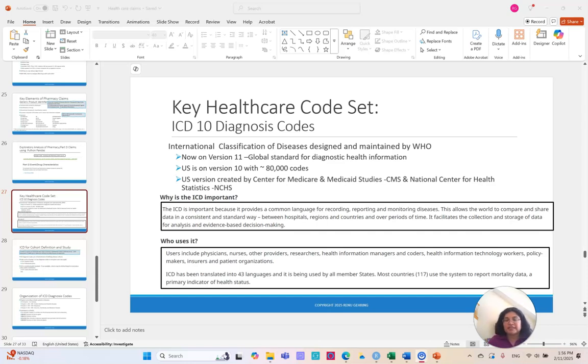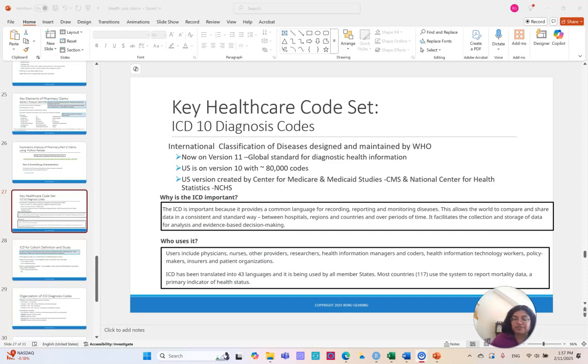So who uses the ICD? Anybody associated with healthcare: physicians, nurses, coders, people who do medical coding, researchers, health information and IT organizations. If you are interested in healthcare and healthcare data, then this is something that you should definitely learn about.